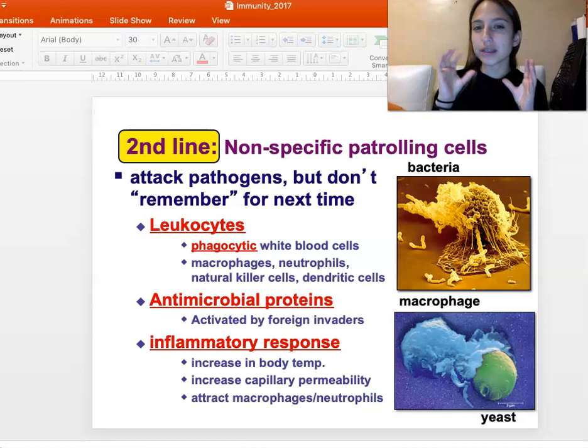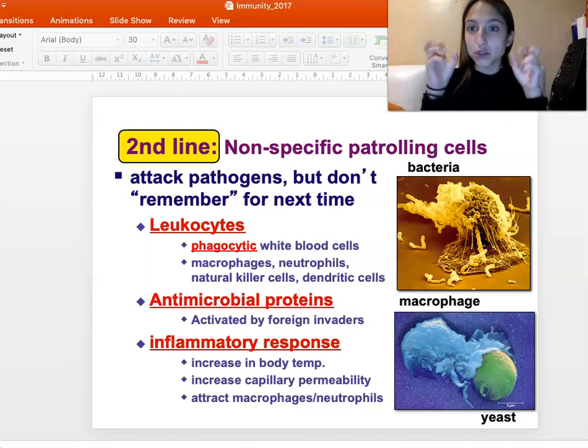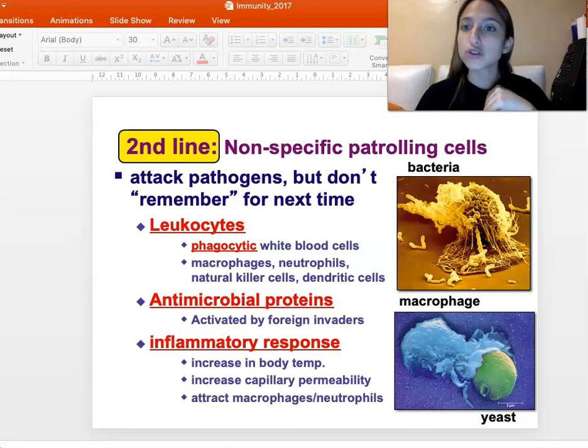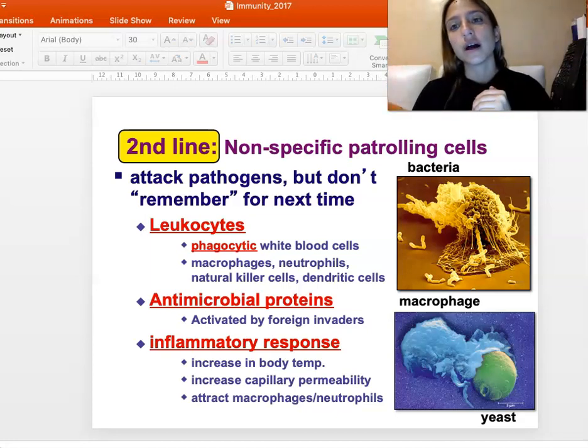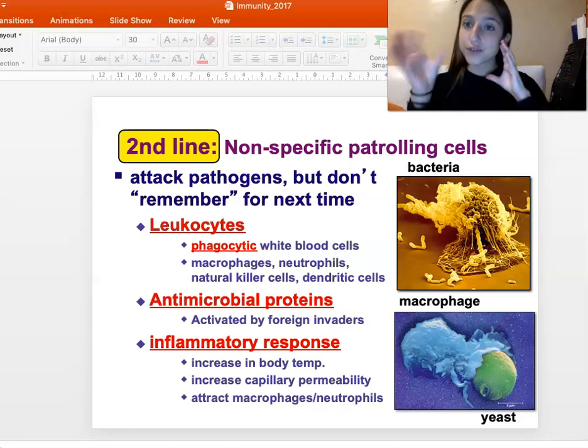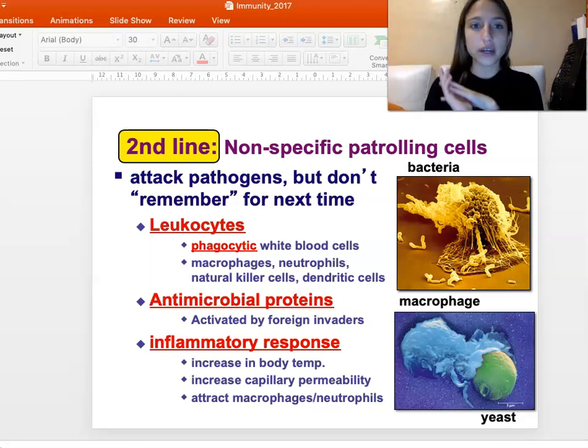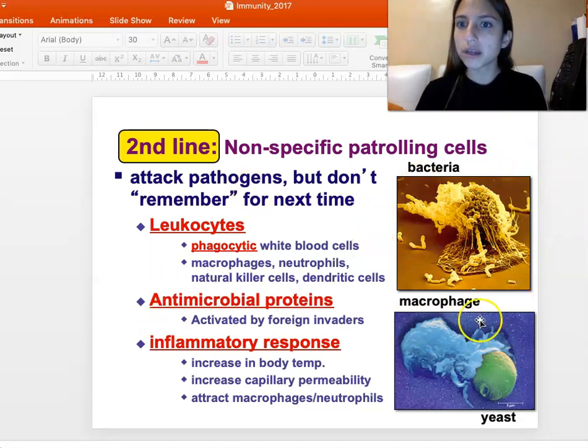Okay, so these types of nonspecific patrolling cells, let's say, are called leukocytes. So in general, they're white blood cells. They're cells produced by your immune system. And they're these phagocytic cells, as I told you guys at the beginning of the video. This is the same image that we saw at the beginning of the video.